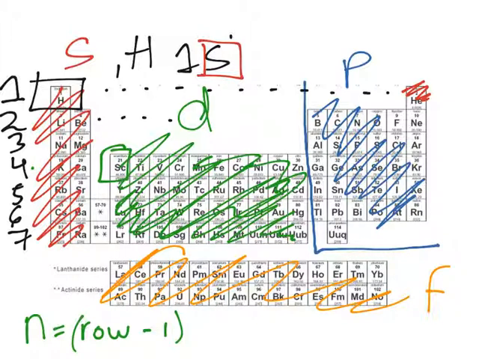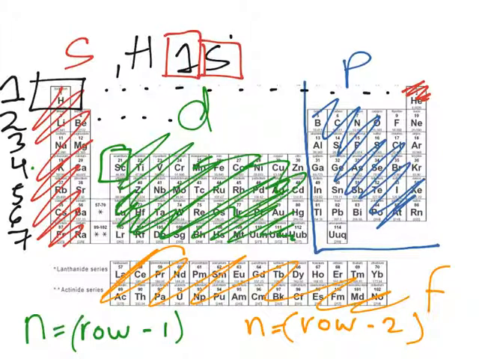And for the case of the F subshell, it will be row minus 2. So La will be 4, because it's 6 minus 2, 4.